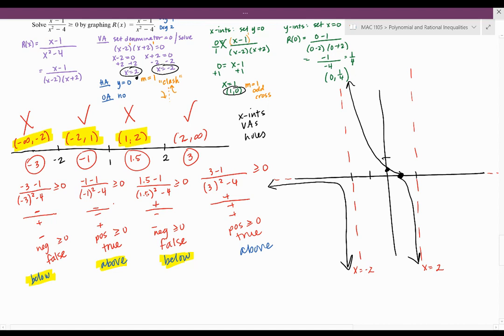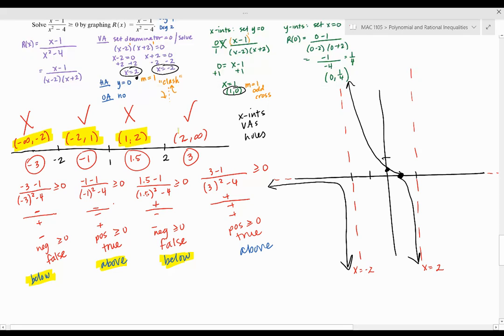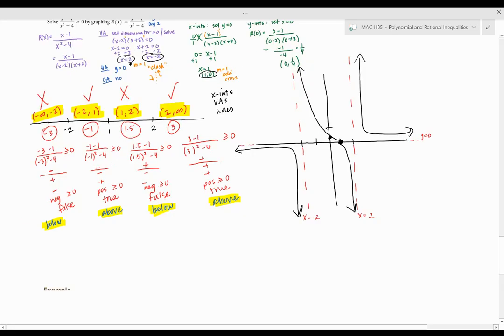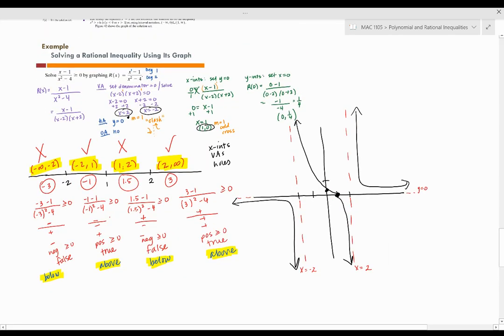And then in our last interval, from 2 to infinity, we said we should be above the x-axis. So I should be there.